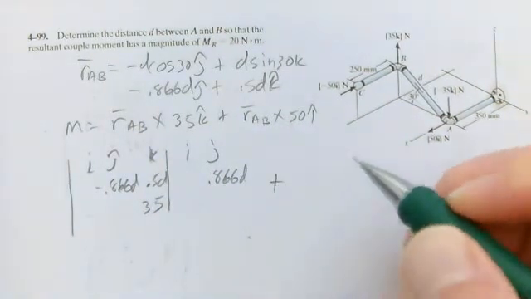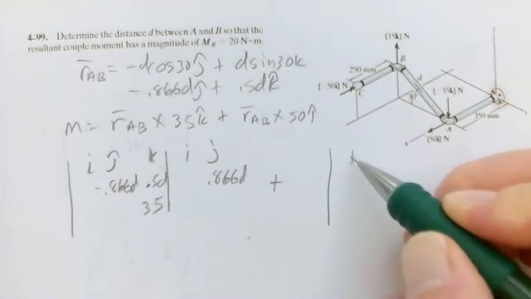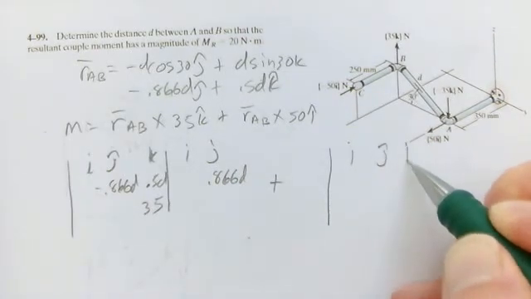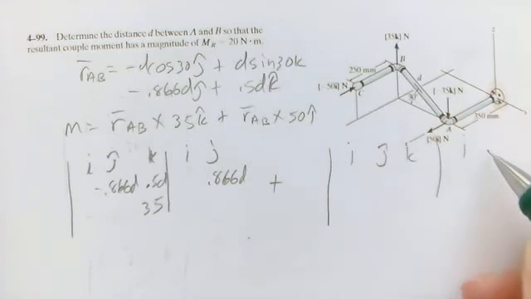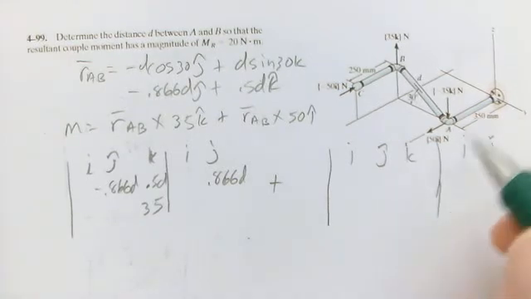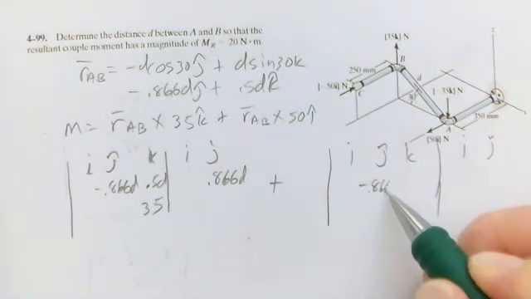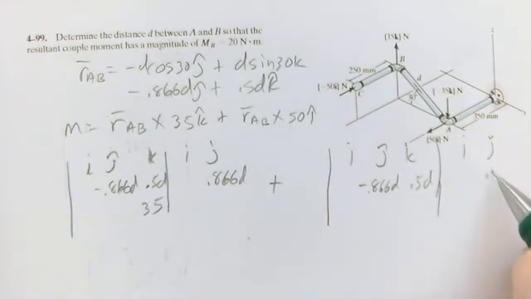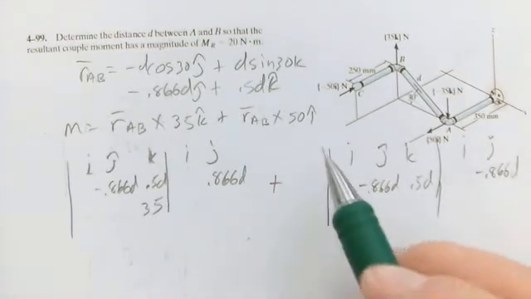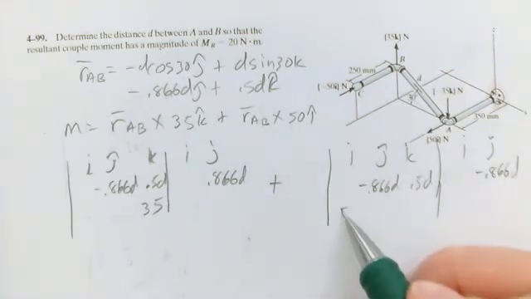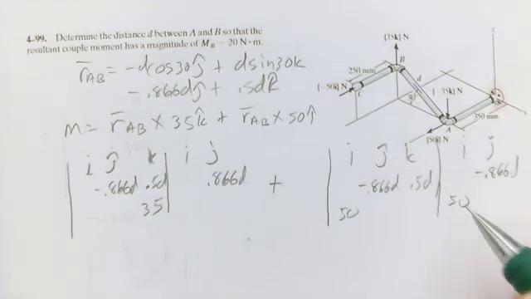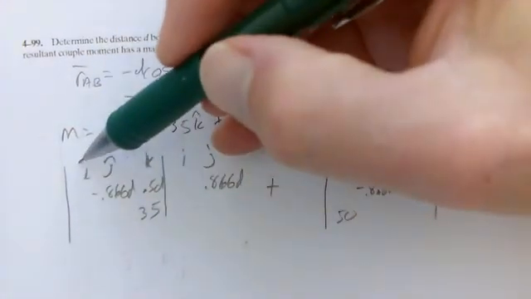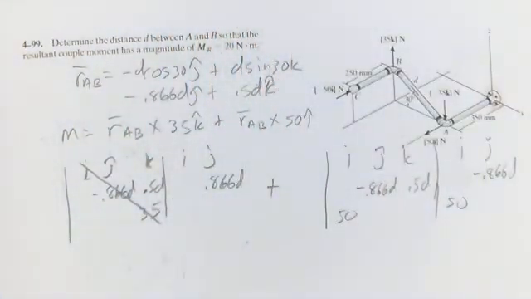And to that I'm going to add I, J, K, I, J, negative 0.866 D, 0.5 D, and this time the force is going to be 50 in the I.